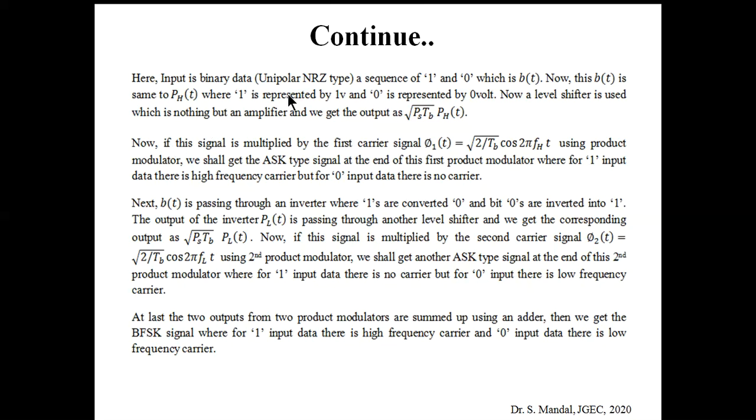Here it is written that the BT is the same as the PHT, where 1 is represented by 1 volt and 0 is represented by 0 volt. Now the level shifter is used, which is nothing but an amplifier, and we get the corresponding output root PS into TB into PHT. Now, if this signal is multiplied with the fast carrier signal, that is φ1(t), using product modulator 1, we shall get an ASK type signal at the end of the first product modulator, where for 1 there is a high frequency carrier, but for 0 there is no carrier.